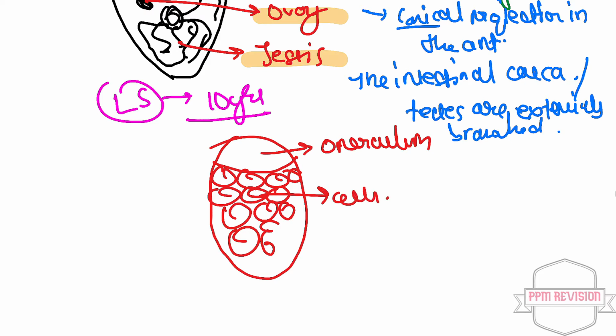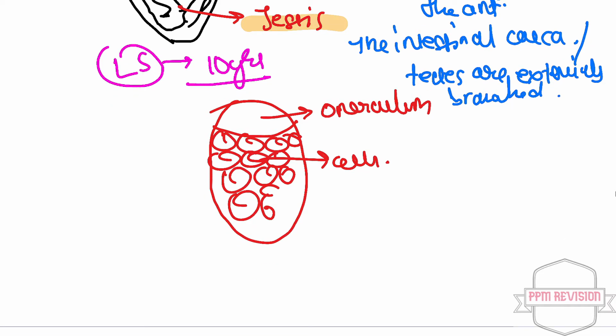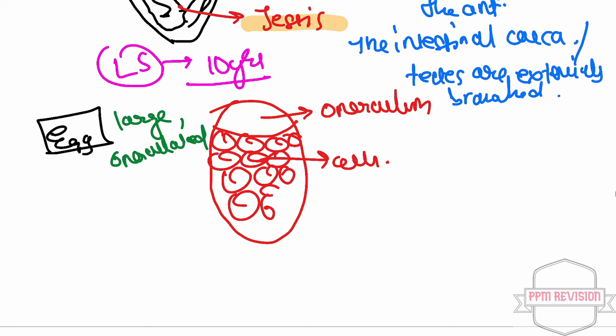Now the points to add on here are about the egg. The egg is large and it is operculated. It is bile stained and measures up to 140 micrometer by 80 micrometer.